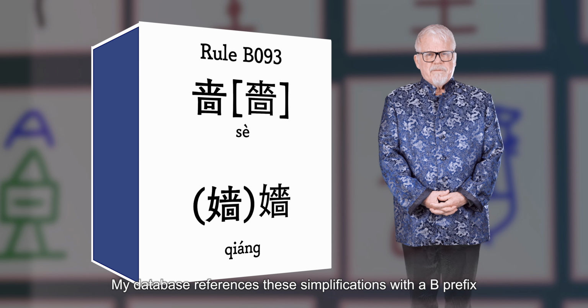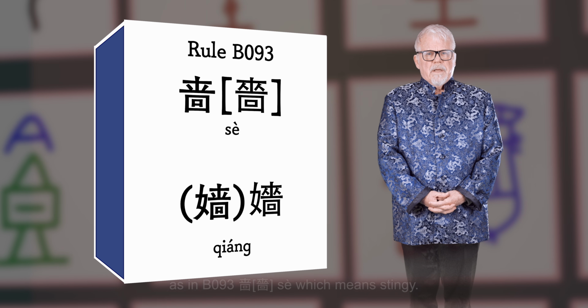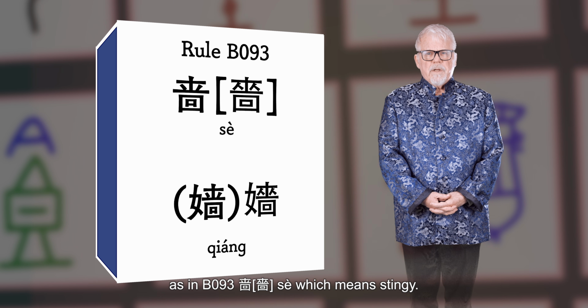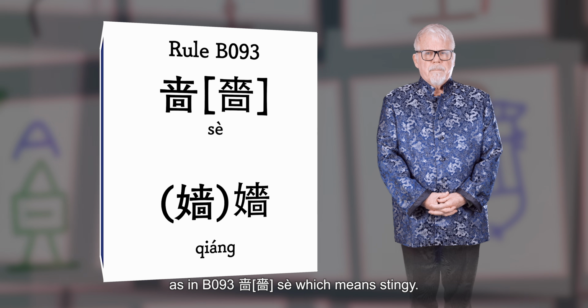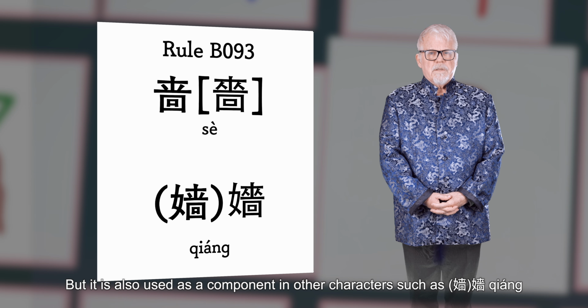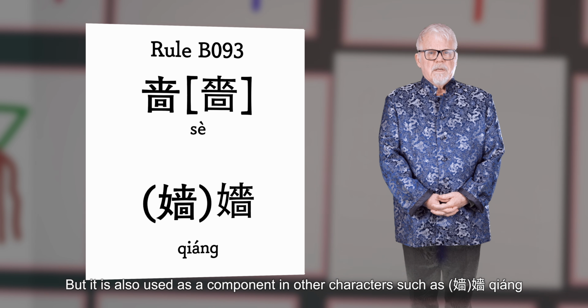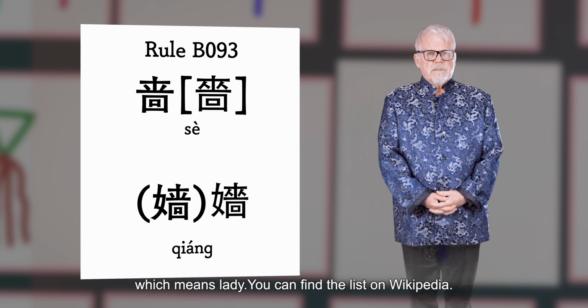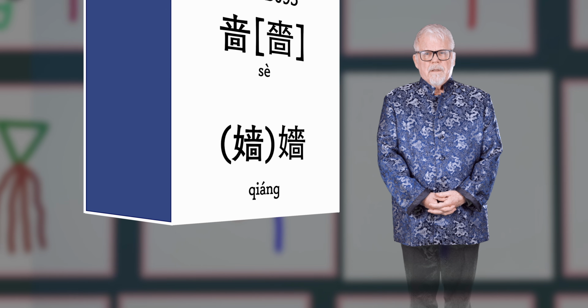My database references these simplifications with a B prefix. In B093, 赛 means to be stingy. But it also is used in other components, in other characters such as 嫱, which means lady. You can find the list on Wikipedia.